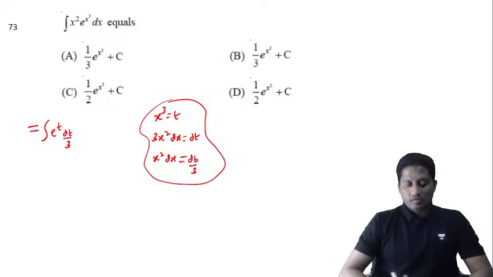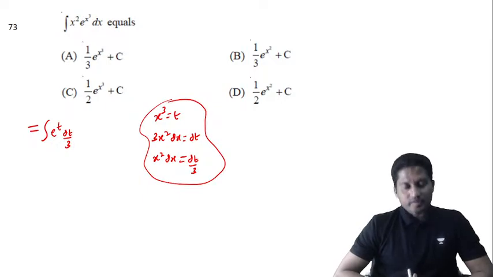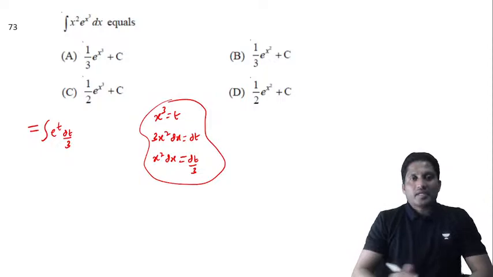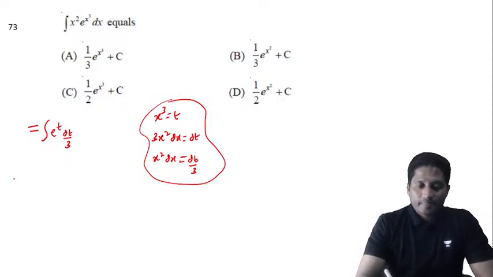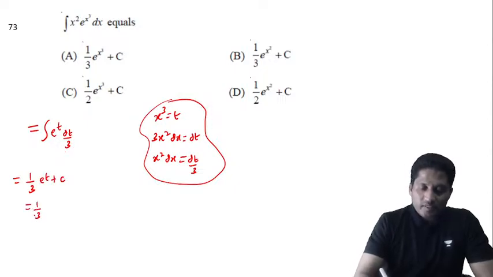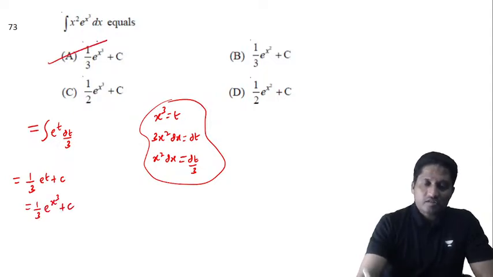Just refer once to the NCERT exemplar and miscellaneous questions, but go through the NCERT MCQs first. Revise your basics from the NCERT textbook. You should know the basics, right? Integration of e power t is e power t plus c. So 1 upon 3 e to the power of x cube plus c. Yes, answer is option A.